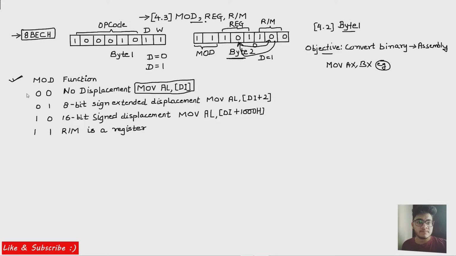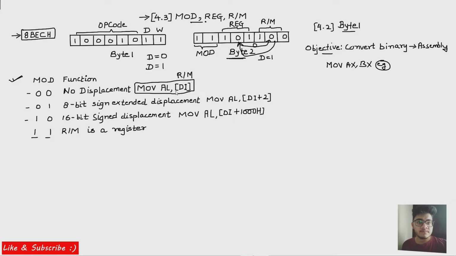So in the first three cases, 00, 01 and 10, r/m is a memory, and in the fourth case, when mod is 11, r/m is a register, right? So in all these cases, r/m is acting like a memory. In the first case, 00, it means there is no displacement.